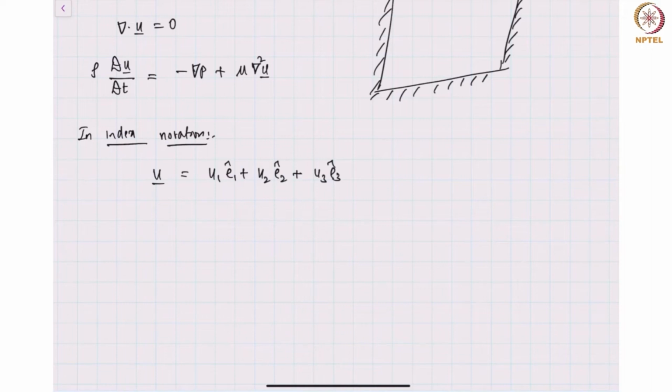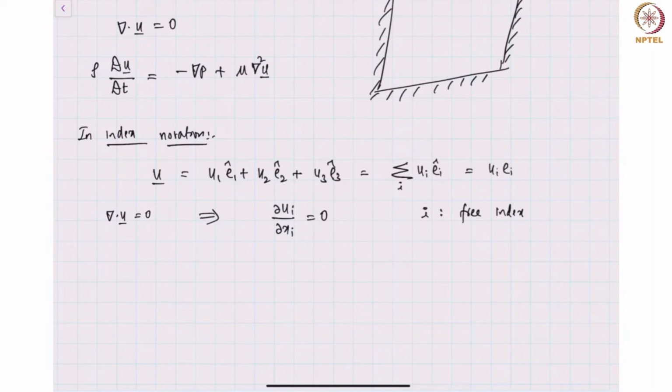So therefore, the continuity equation becomes del ui by del xi equal to 0. Here i is the free index. Where does i come from? If I write down the velocity vector like this, u1 e1 plus u2 e2 plus u3 e3, this can also be written as summation ui ei, or simply ui ei.